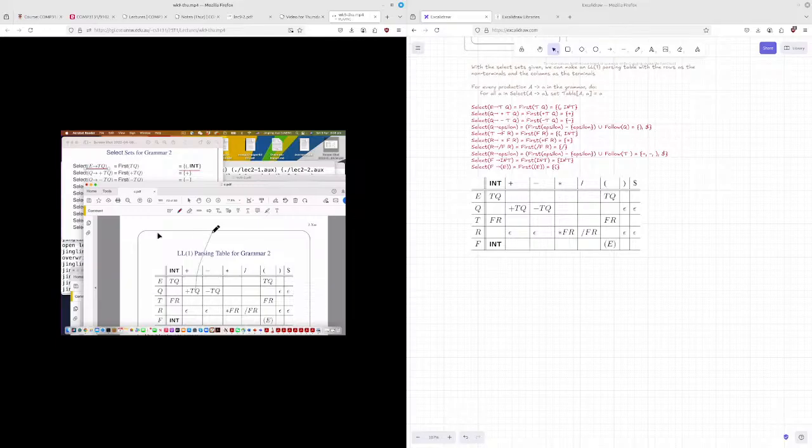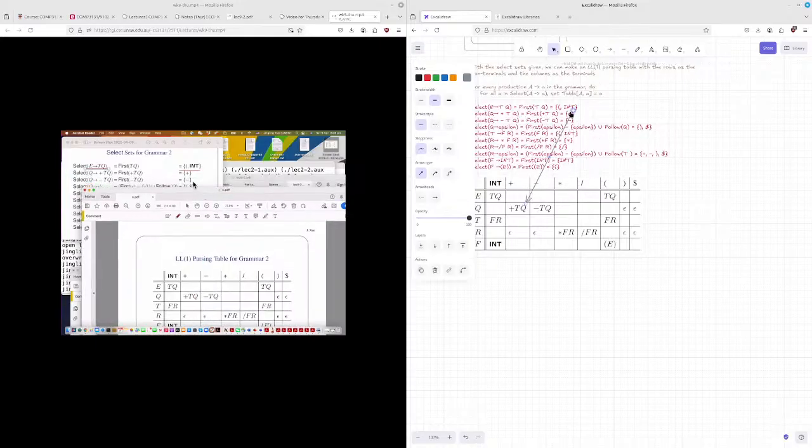Again, this is the production Q derives class Q, because the Q on the left-hand side is always the one on the same row indexed by Q. Therefore, we can also write Q explicitly. Okay? The third production contains minus in its select set.